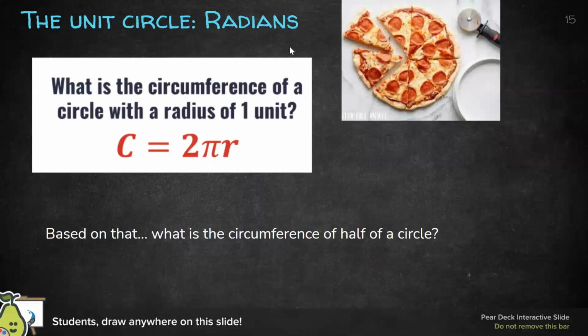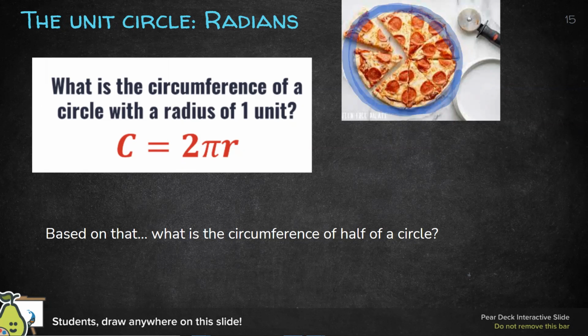It really all ties back into circumference, because the outside, the crust of a pizza, is essentially going to measure the circumference. So the circumference of a circle is what a radian is, and then we're just breaking it into pieces, just like we broke degrees into pieces.